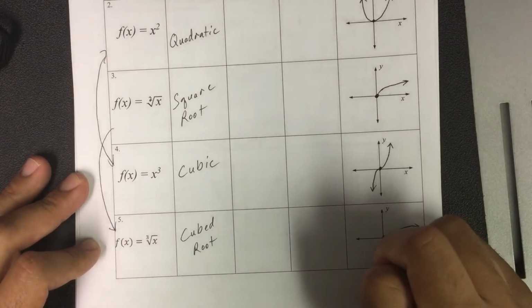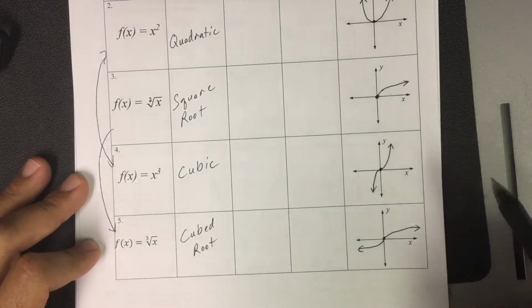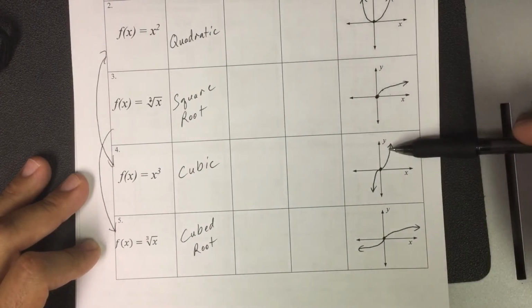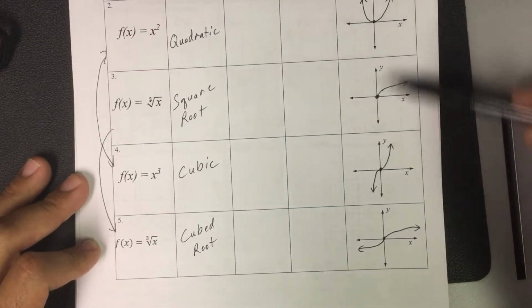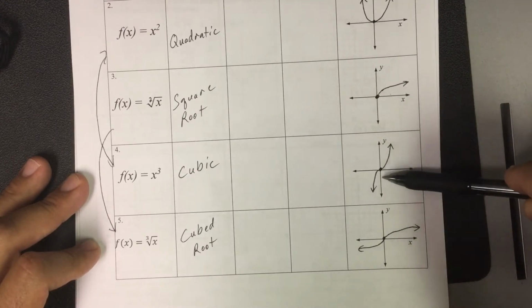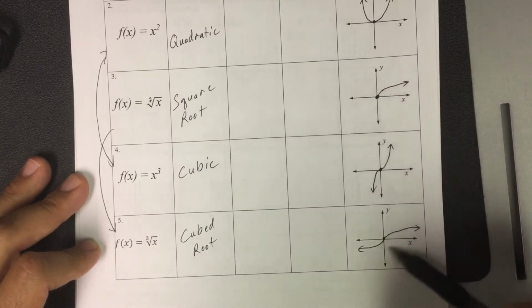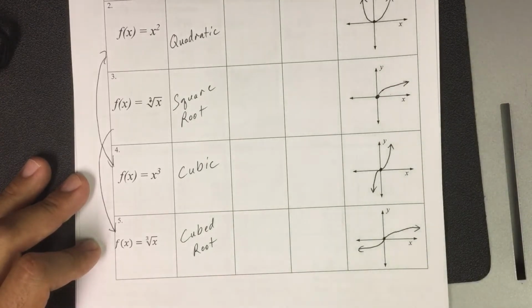So this one looks the same the other way. Okay, so squared, cubed looks the same on the right, but just slightly different, changes on the negative side. Square root, cubed root looks the same on the right, different on the negative side.